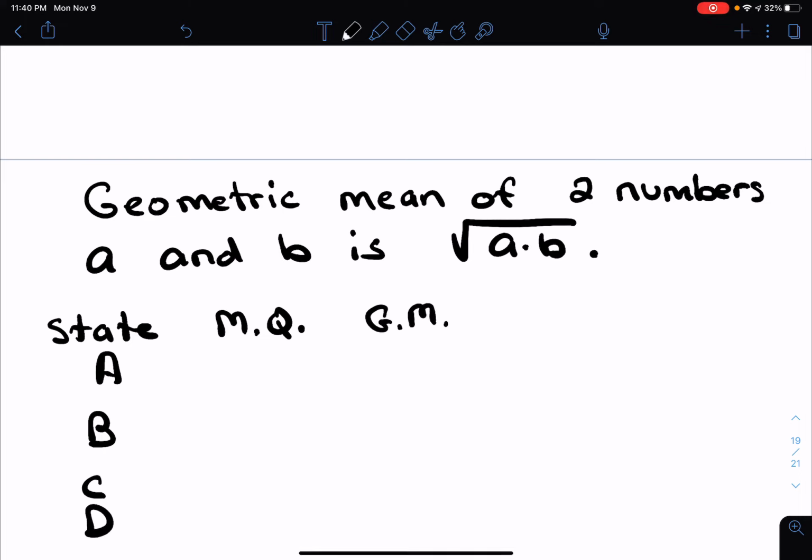So for a modified quota of 10.47, what we do is we take the integer part of 10 and we take the next integer up, 11, and we do the square root of 10 times 11. And you put that in your calculator and you get around 10.488.